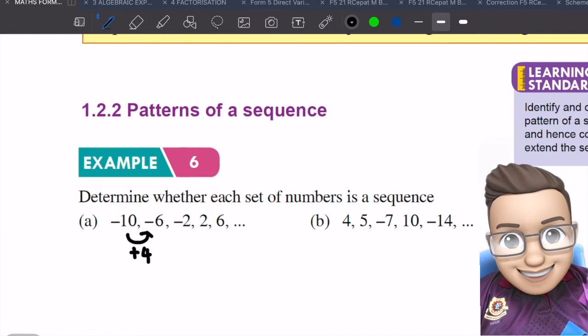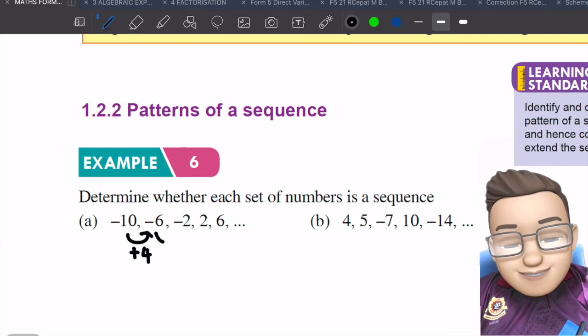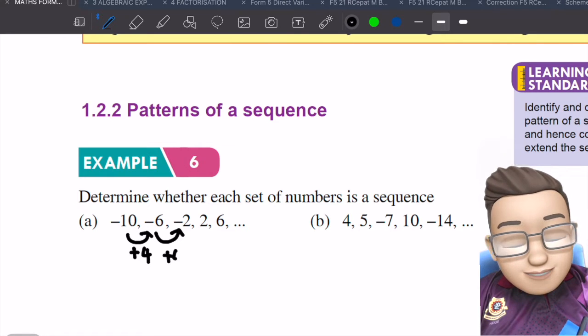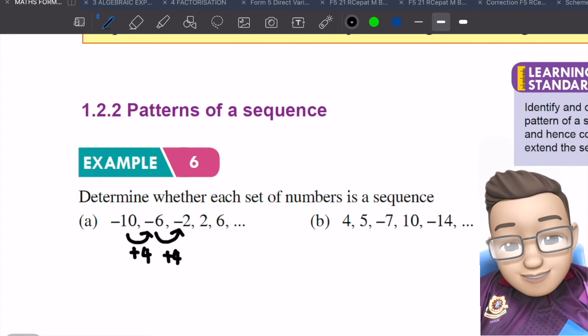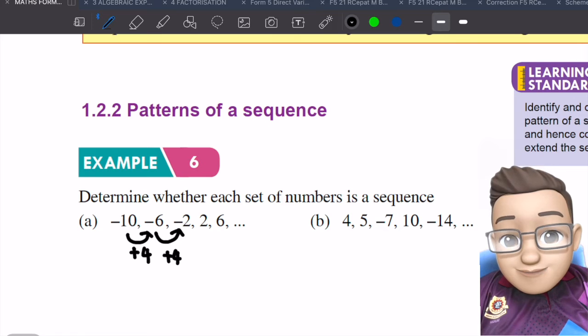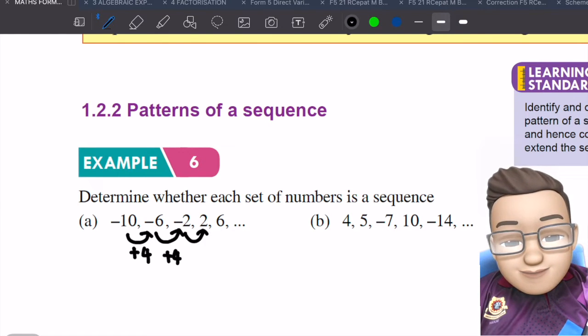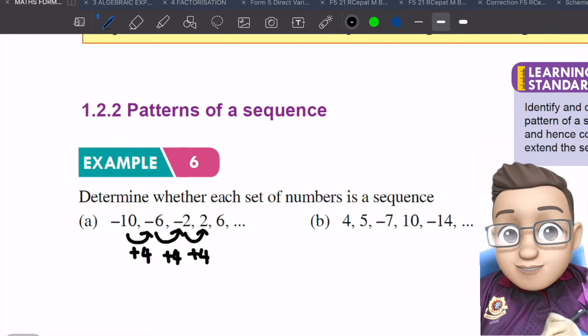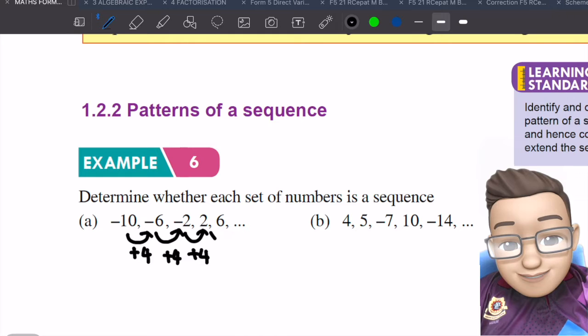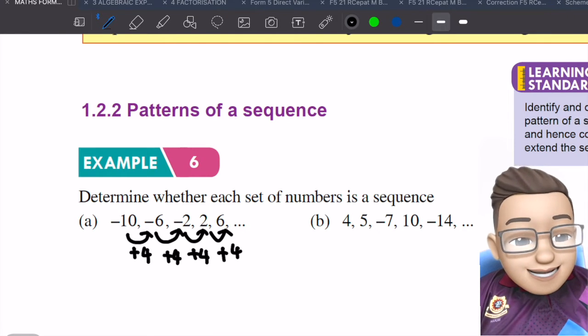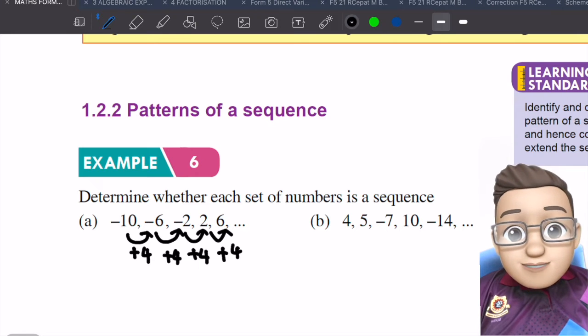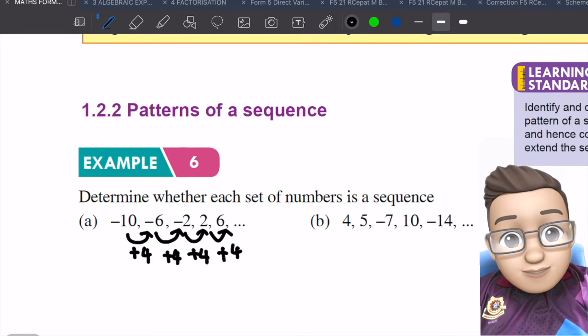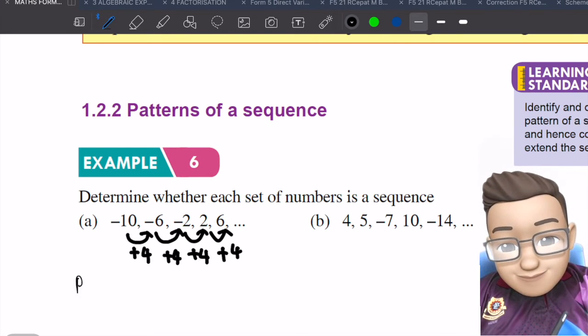Next, negative 6. We add another positive 4, and negative 6 becomes negative 2. Then negative 2 plus 4 gives us 2, and 2 plus 4 gives us 6. So what can we say about the pattern?